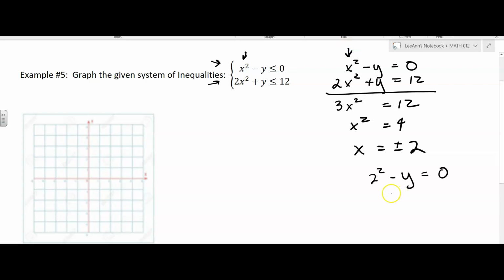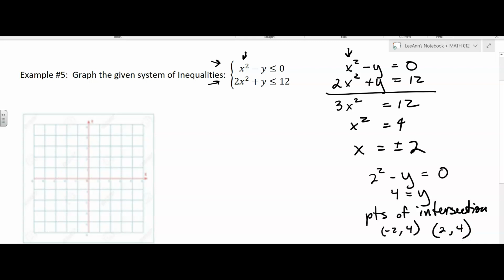Anyway, you're going to get 4 equals y. And if you put in a negative 2, you're going to get the same thing. So we get points of intersection for the two parabolas: one at negative 2, 4, and the other one at 2, 4.